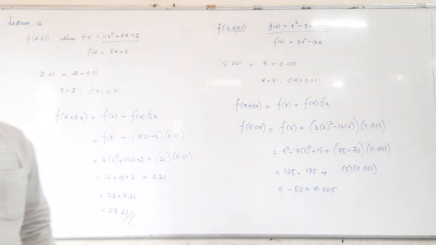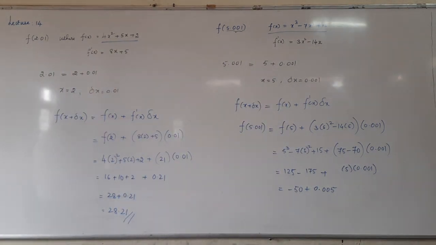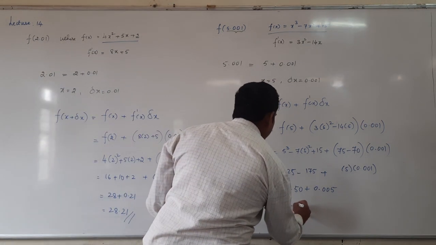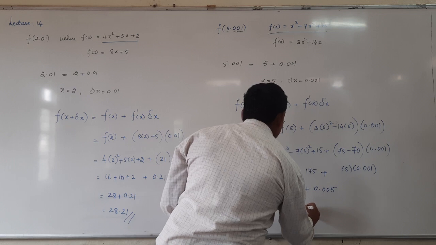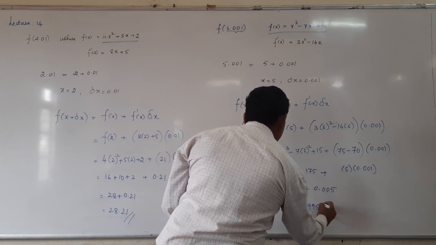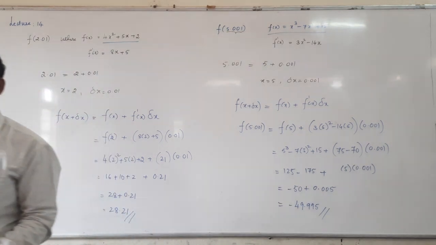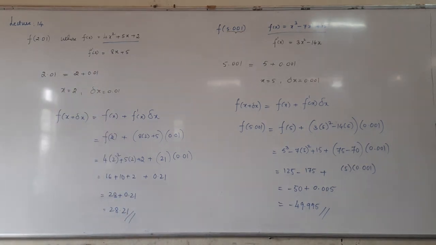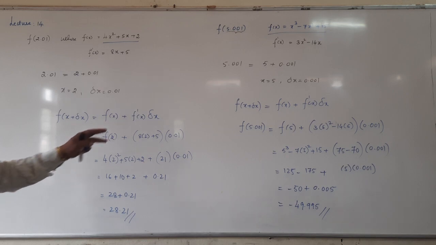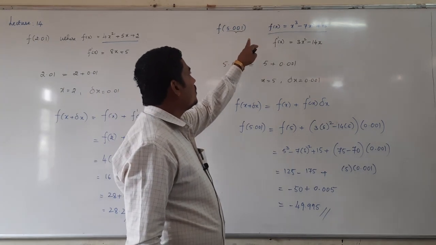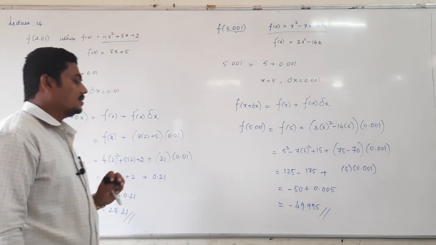Now simplify, minus 50 plus 0.005, it will be minus 49.995. This is the approximate value of f of 5.001, right?